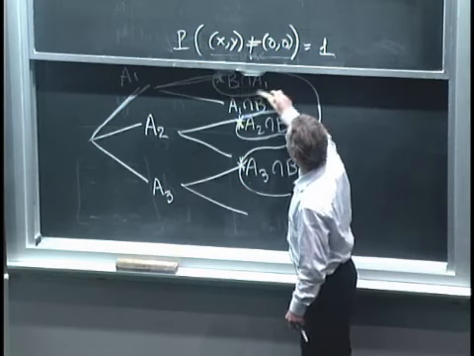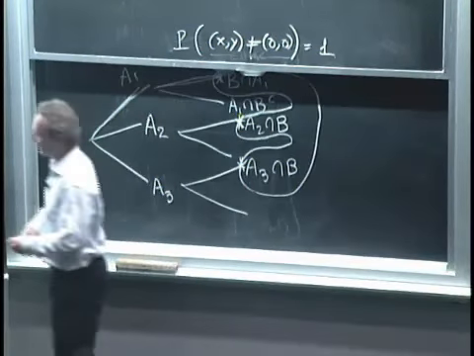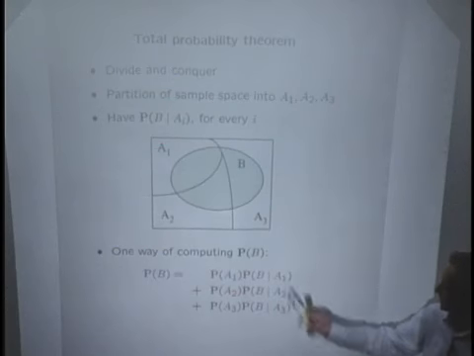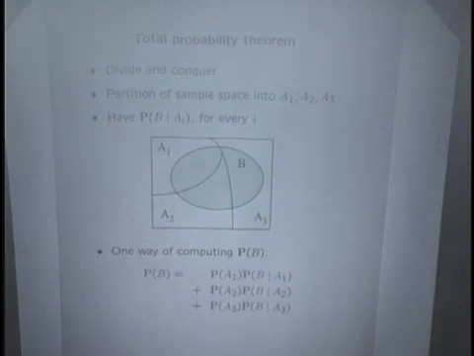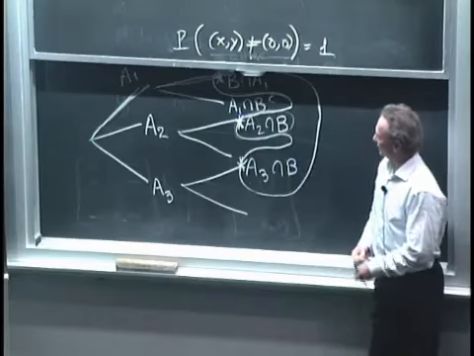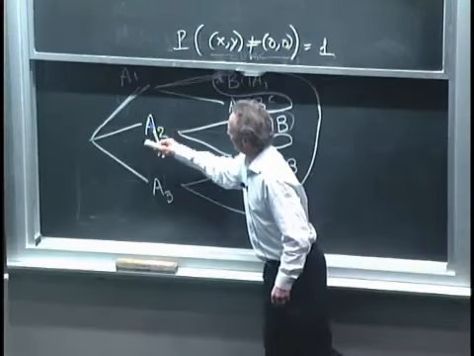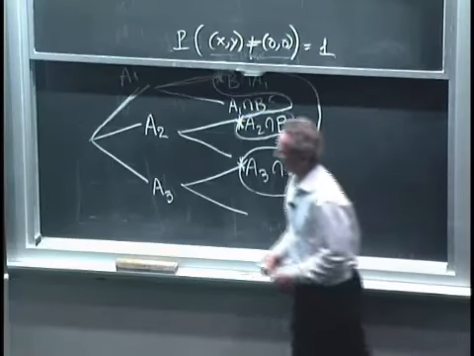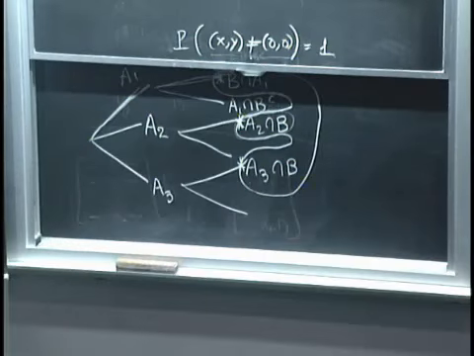So the probability of A1 and B happening is this. It's the probability of A1 and then B happening given that A1 happened. The probability of this contingency is found by taking the probability that A2 happens times the conditional probability of B given that A2 happened, and similarly for the third one.